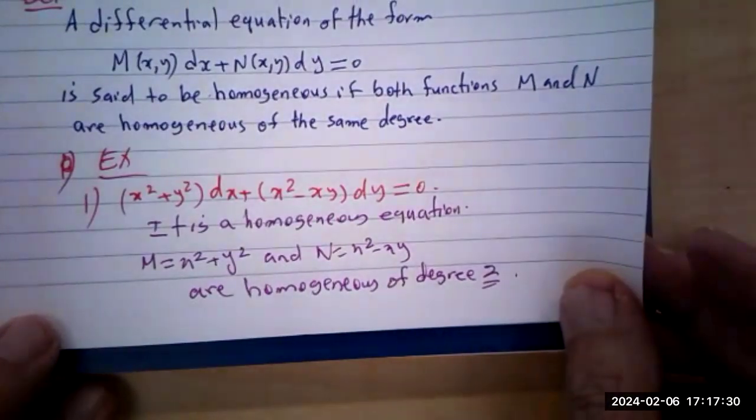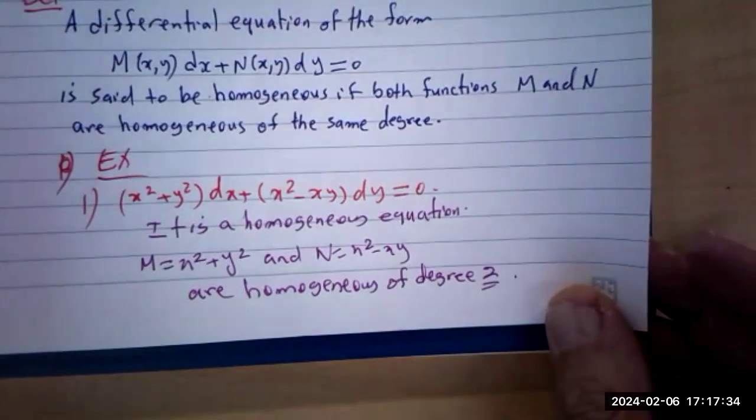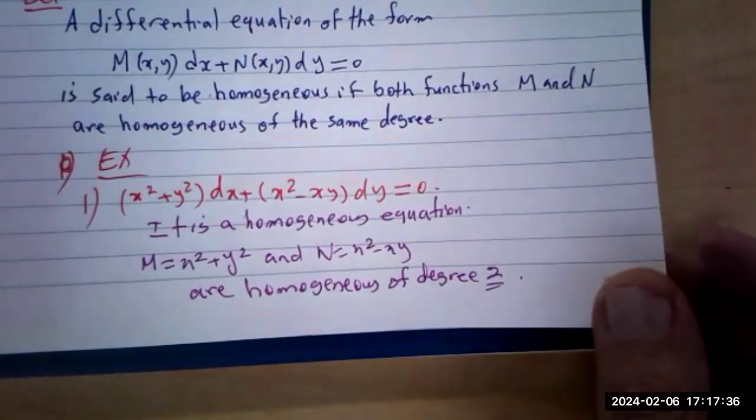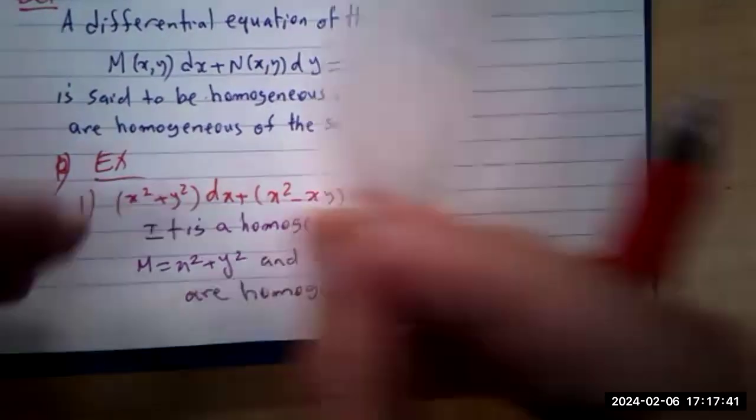The ones that you have in your book are nicely written in the form of y prime, dy/dx. This format also is possible. So this is how you have it in most of your problems.